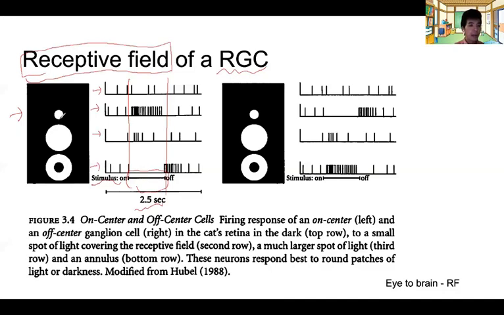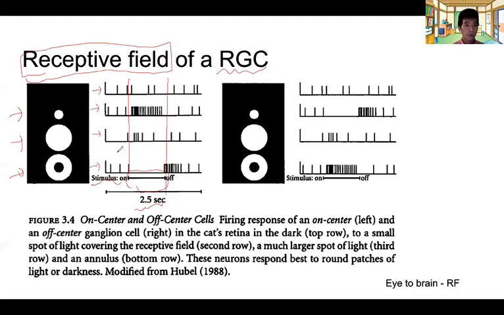And if the size of the white spot exceeds the optimum, and it stimulates too much, then it doesn't produce as much response. On the other hand, in the optimum location, if you present the black thing, then this becomes inhibited. It becomes below the baseline.